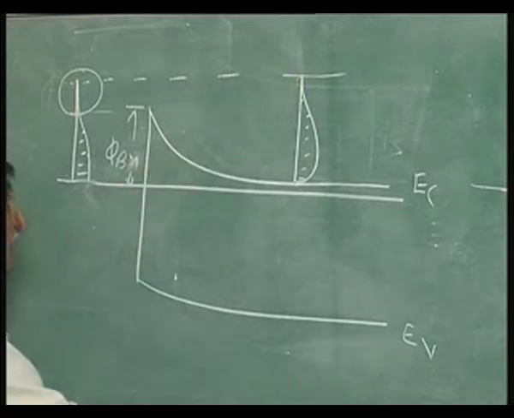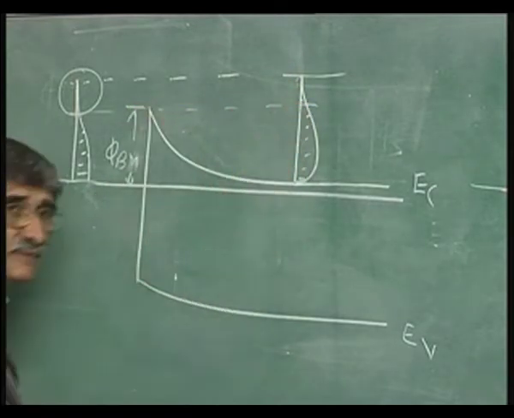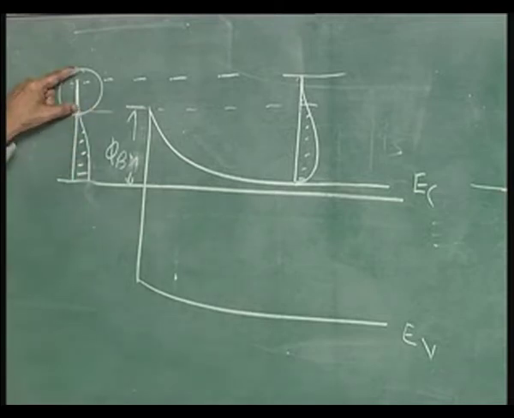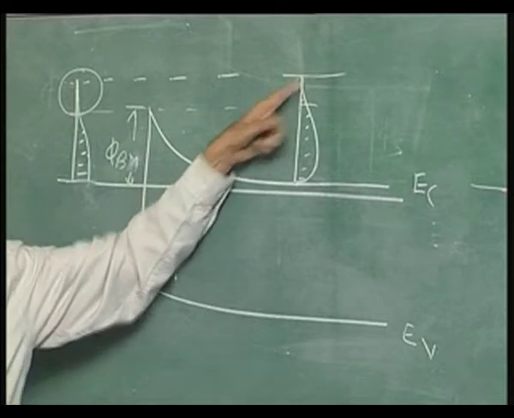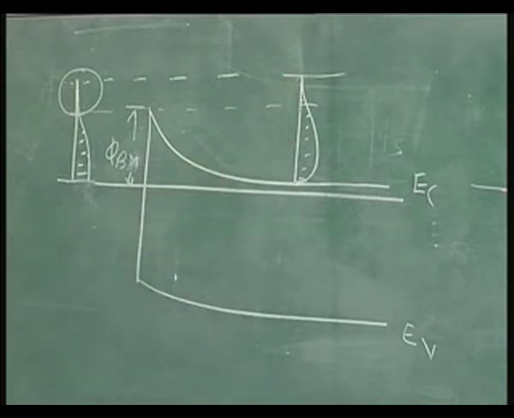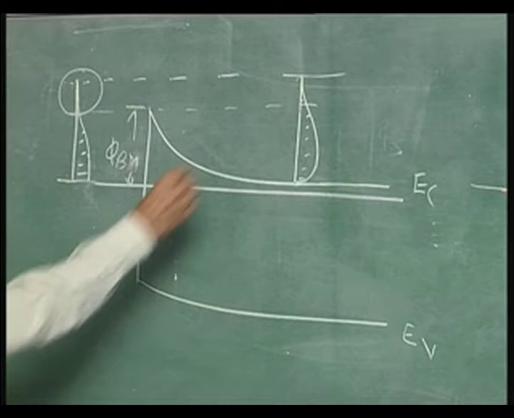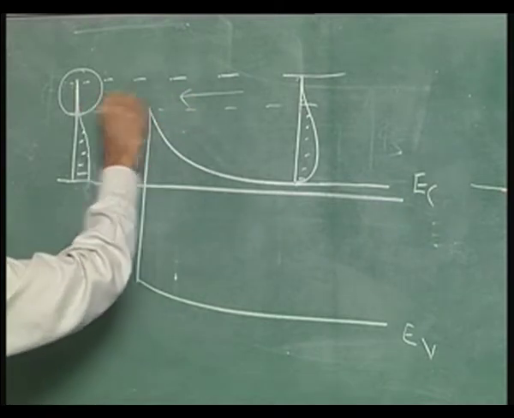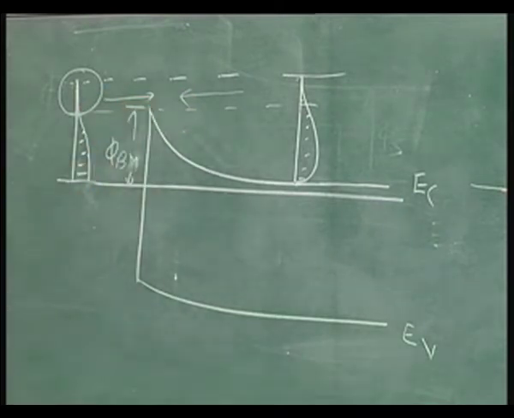This would mean under thermal equilibrium conditions, if you integrate the number of electrons above that and the number of electrons above that, they should be the same, because these electrons can cross this way and they can cross that way. The number crossing from metal to semiconductor will be equal to the number crossing from semiconductor to metal.